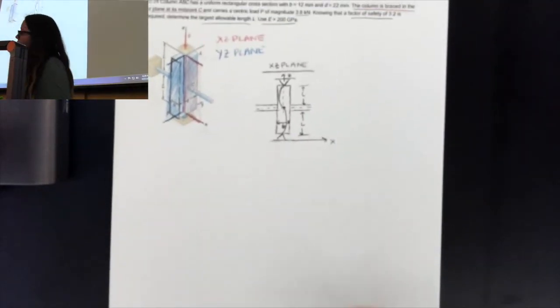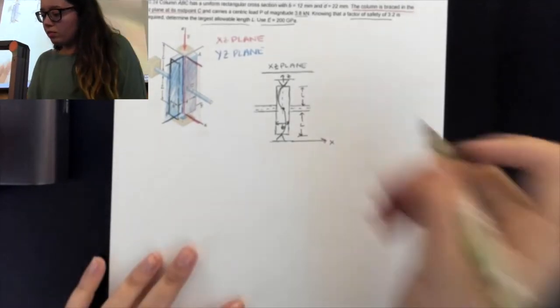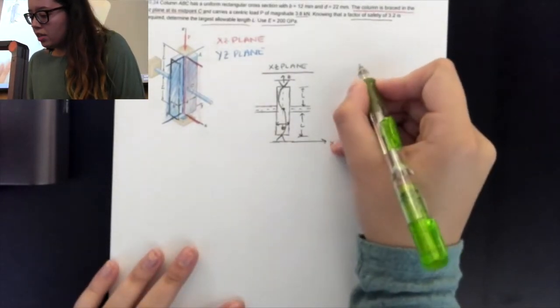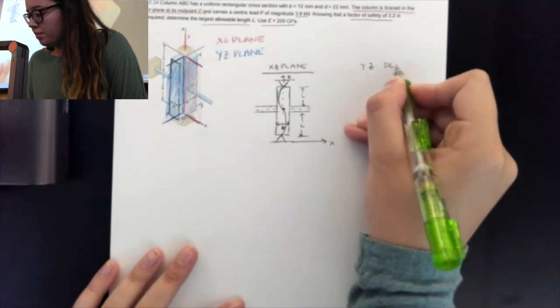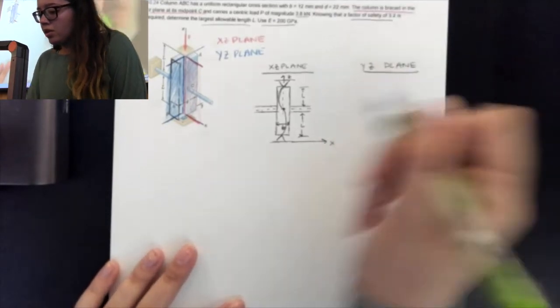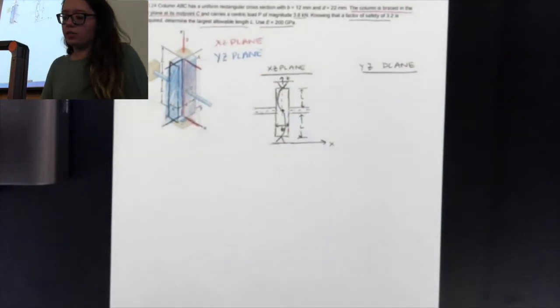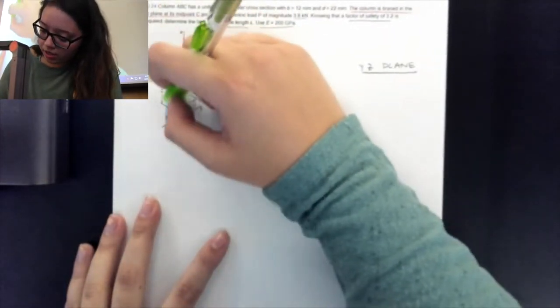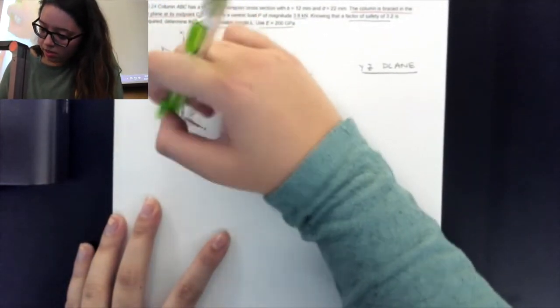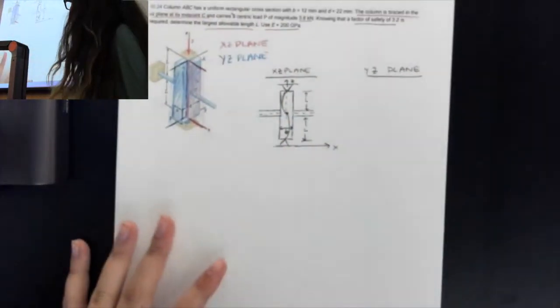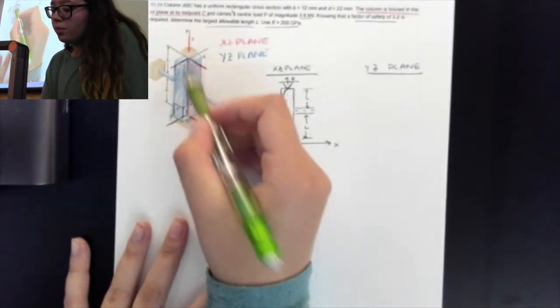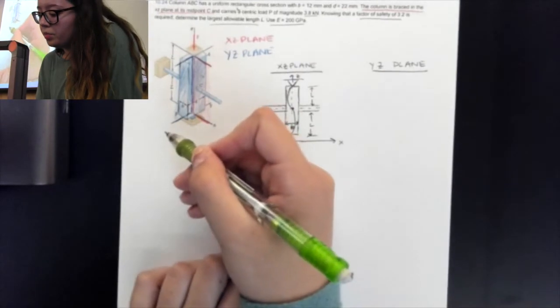Now we're going to look at the other plane as well. So now we're going to look at our YZ plane. That's our blue one. I'm going to erase what I did earlier. So back to our original picture. The blue plane is our YZ plane.